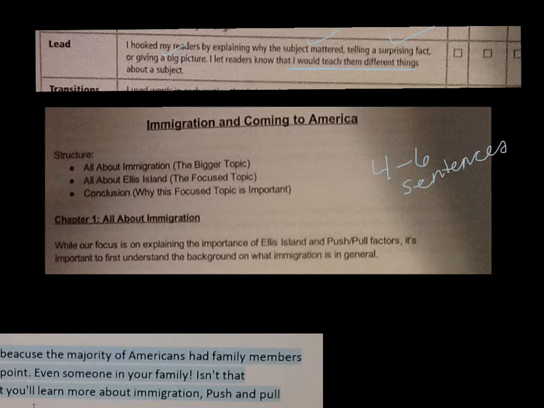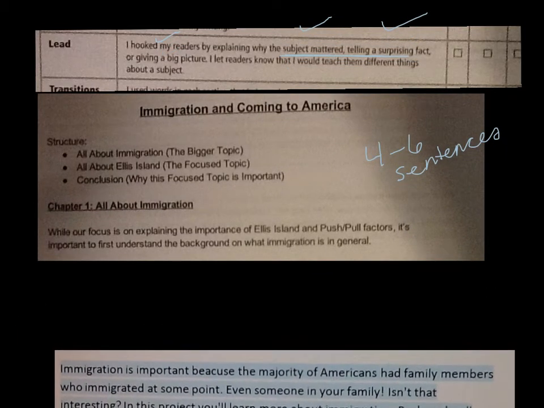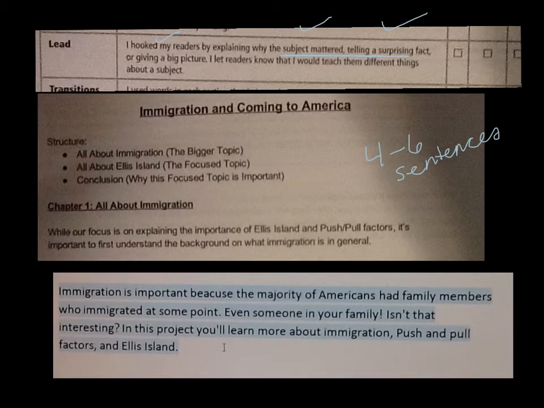Here's some changes I could make to this. First of all, I could start with immigration is important because the majority of Americans had family members who immigrated at some point. This is like a surprising fact right here. When people realize that, oh, my ancestors could be immigrants too, it gives them that personal point and it makes it more interesting.